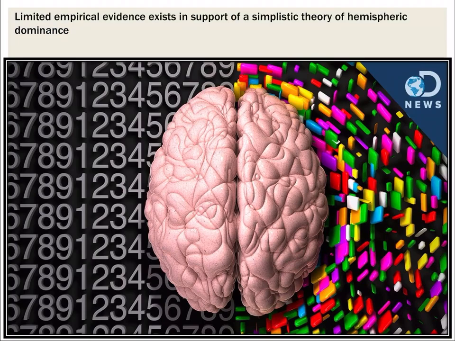But there is very limited empirical evidence in support of a very simplistic theory like this of hemispheric dominance. That being said, there are some interesting studies where people looked at the distribution of left-handedness and right-handedness in very creative populations, very aggressive populations. So if you're interested in handedness and its relationship with not just aspects of society, but perhaps also in sport, please let me know and I can share some information with you.